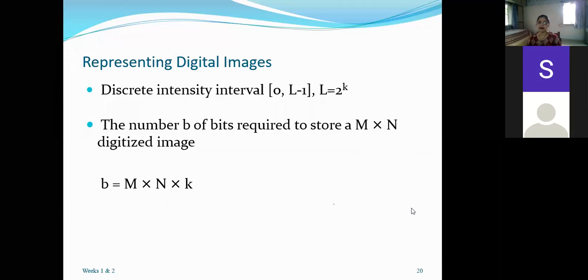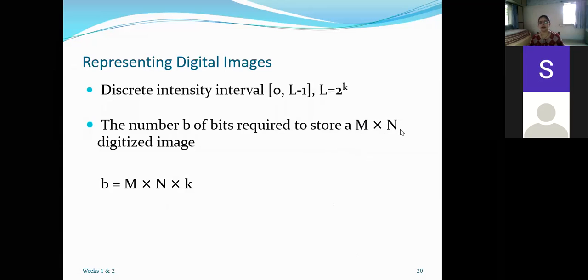And if I ask you another question, if your image size is 10 by 10, how many bytes are required to store the image? How many bytes? Sharon, your answer is wrong. Your image size is 10 cross 10.